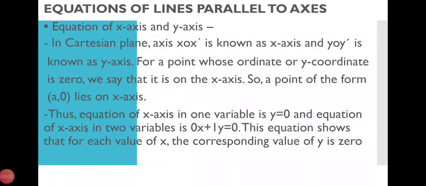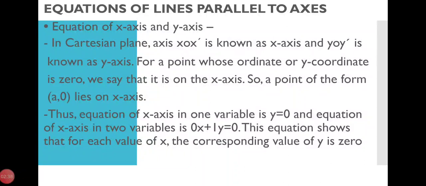For any point to lie on the x-axis, the ordinate must be 0, so we have the equation y equal to 0. x may be any value but y is equal to 0. This is in one variable, because we are using only the variable y.